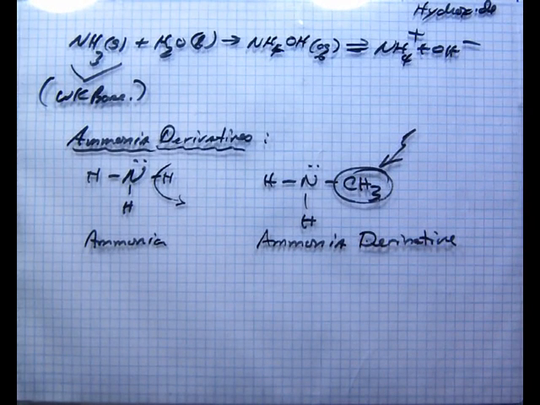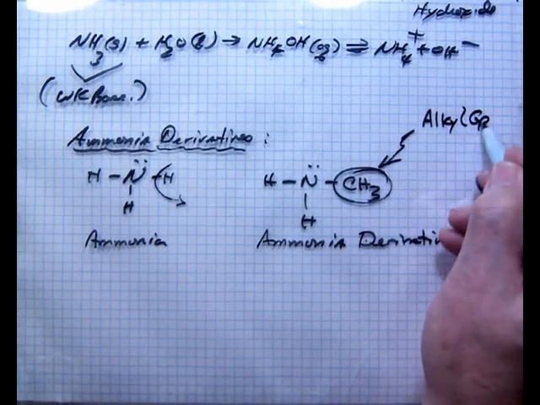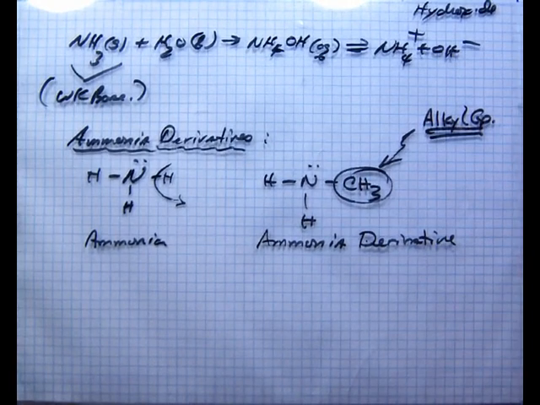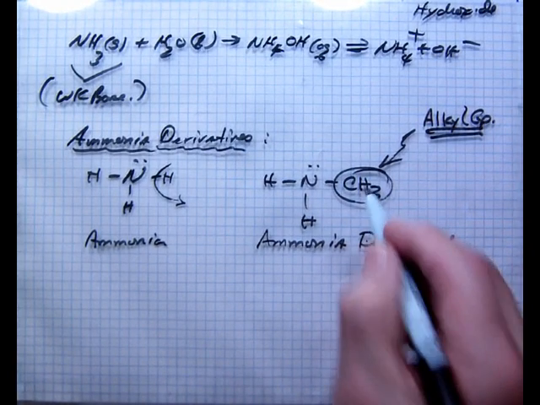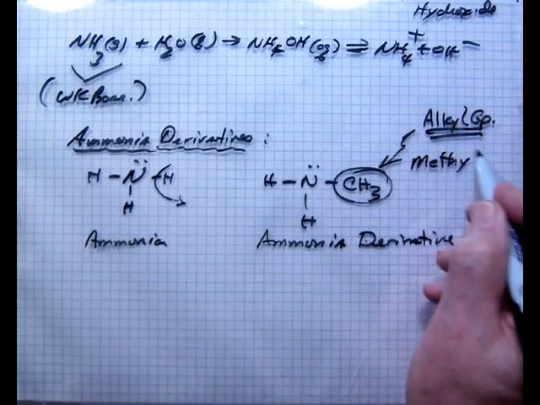The fragment that's attached to that nitrogen is collectively and universally called an alkyl group, because it's a hydrocarbon group. And in this individual case, we're talking a methyl group.